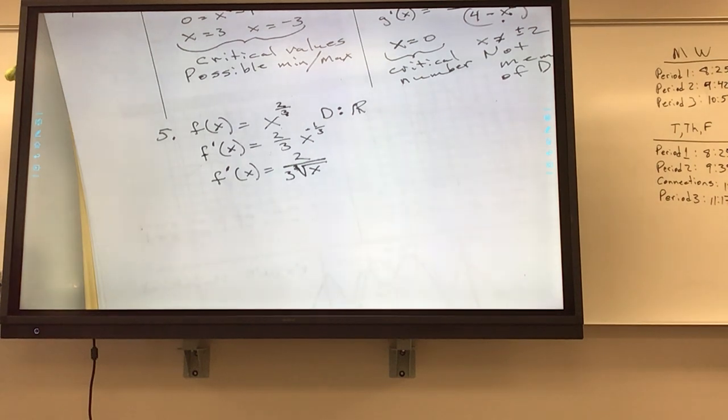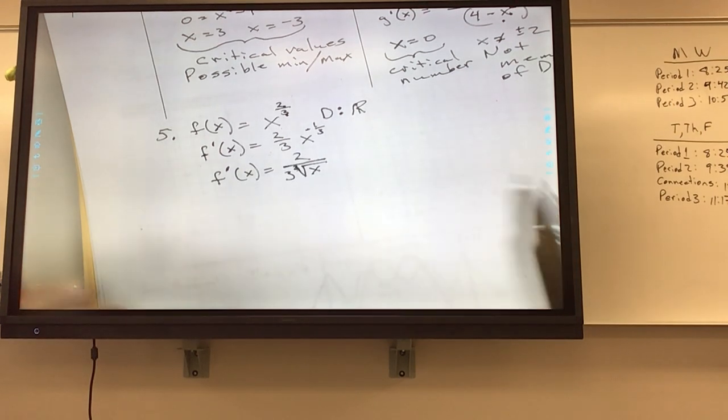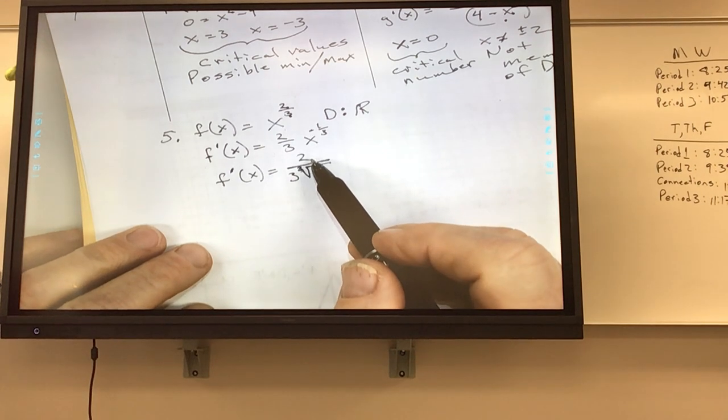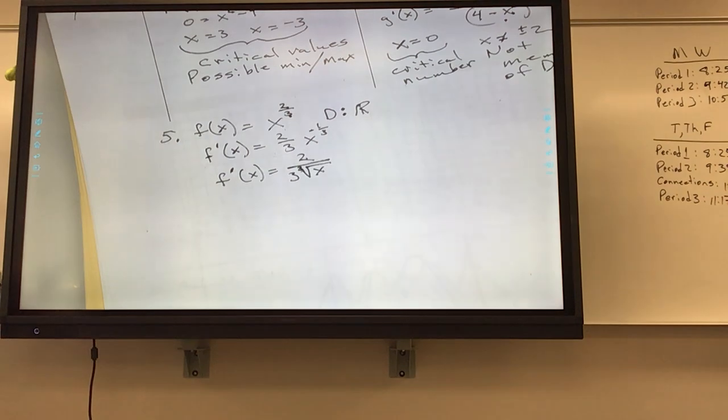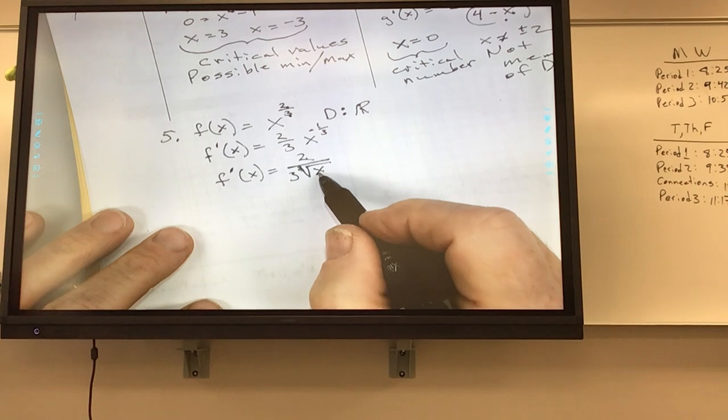So now I'm looking for critical numbers. They're either gonna be in the numerator or in the denominator. Now, Ella, since you're on board here, can 2 be 0? No. Never. Can the cube root of x be 0?